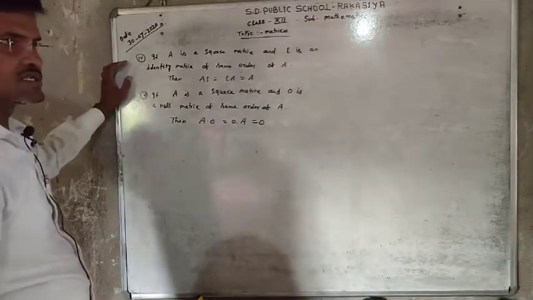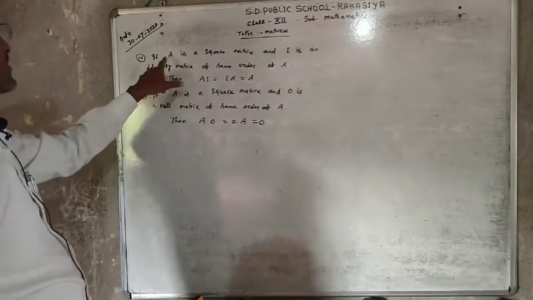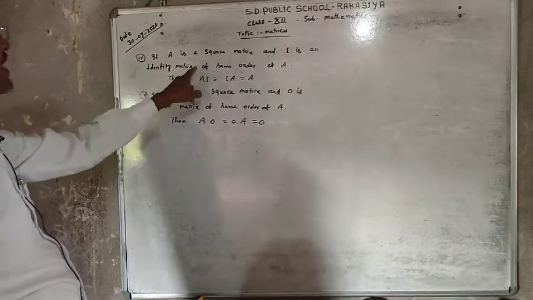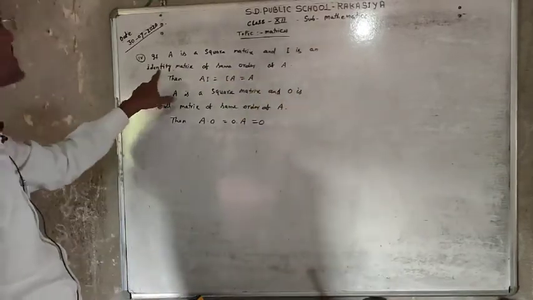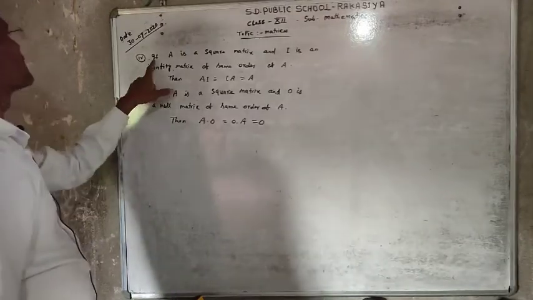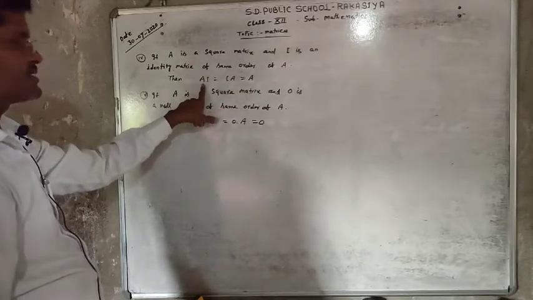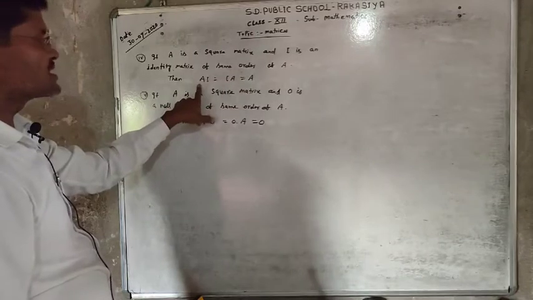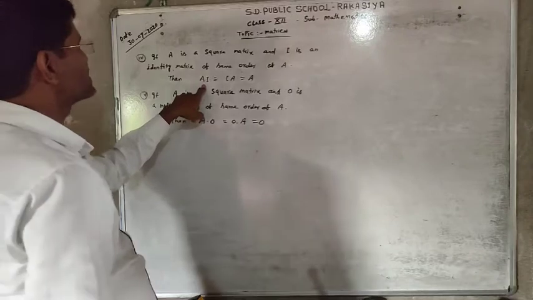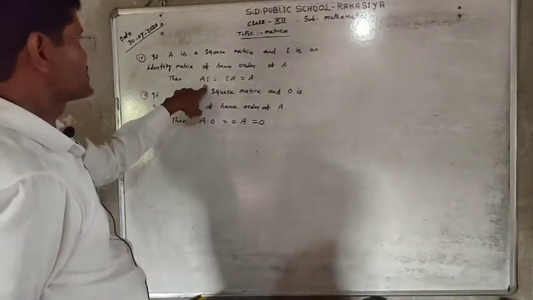Some more properties are given. If A is a square matrix, then its number of rows and number of columns will be equal, and I is an identity matrix. We know about the identity matrix from previous classes. Then A and I can be conformable for multiplication if the orders of both matrices are the same.